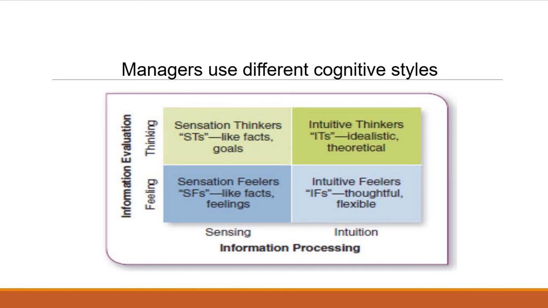Actually, those four, the thinkers, feelers, sensing, and intuition, we have four kinds of psychological types. When we say psychological types, it is more on the attitudes and the functions.